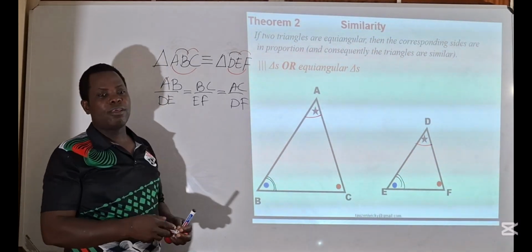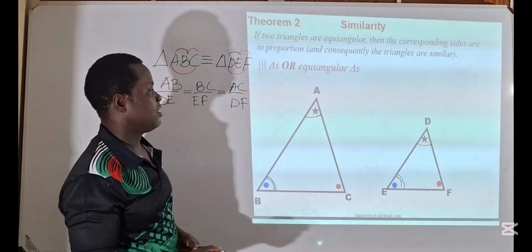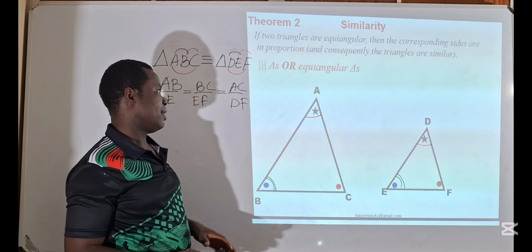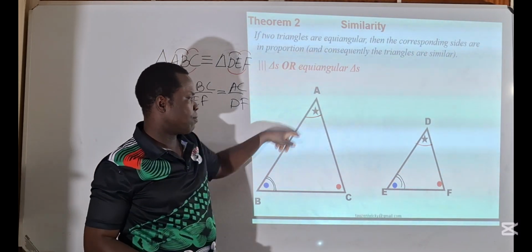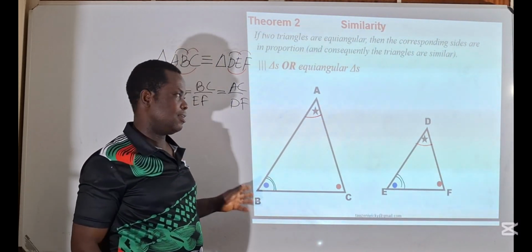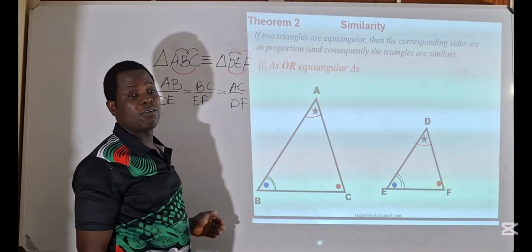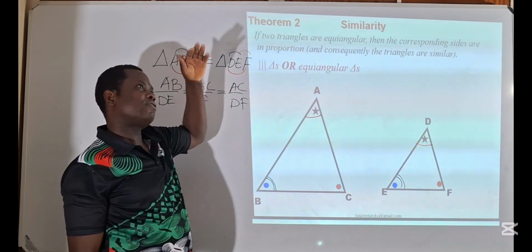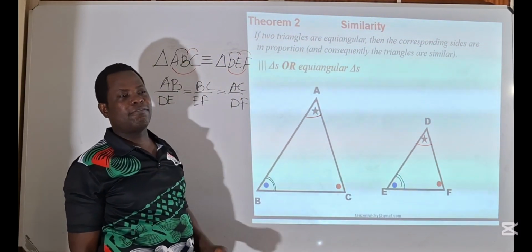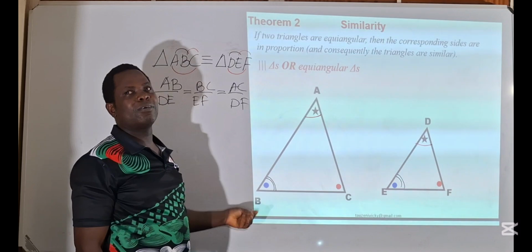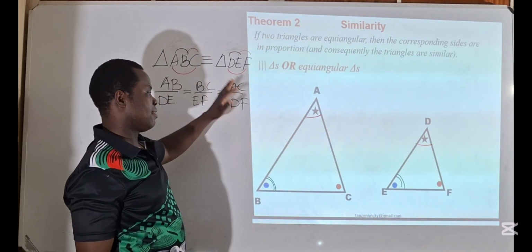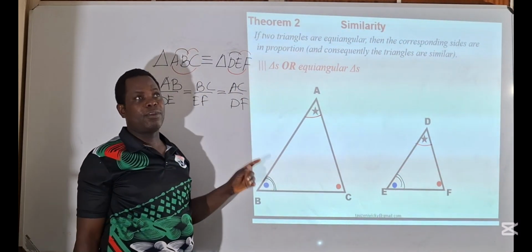So we start with, what is the condition for the triangles to be similar? We must have equal angles. This one is a bit involving because it involves the other theorems that we did in grade 11, from angle at center, tan chord, and all those things. They come in handy when you're doing this.